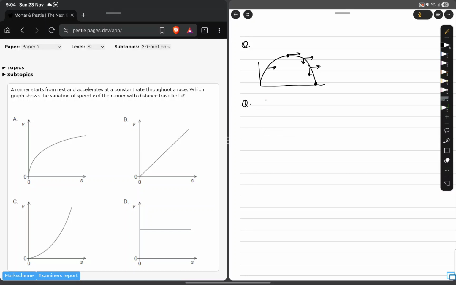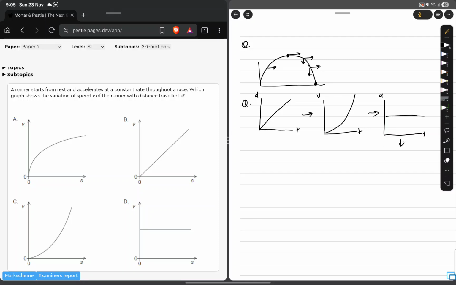These graphs are kind of like a Russian doll where each of them affects the others. If displacement against time is like this, then velocity against time is going to be like this, and acceleration over time is going to be like this.